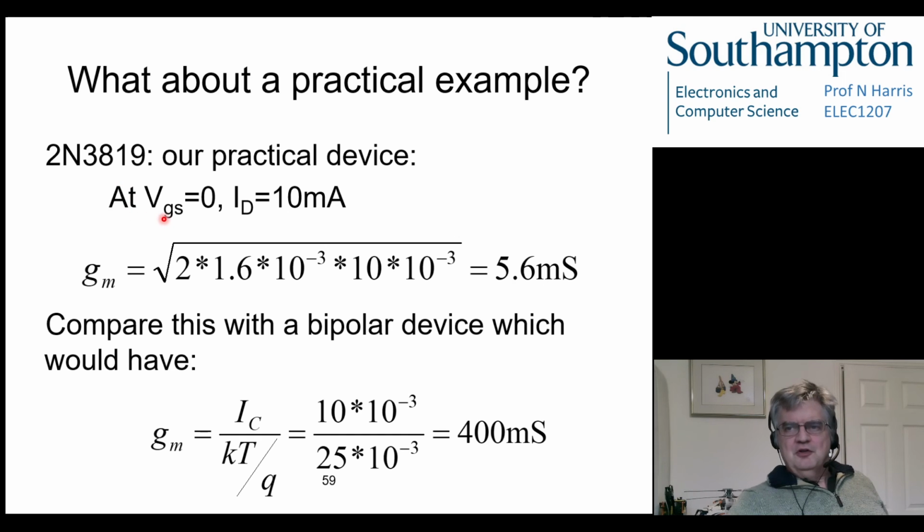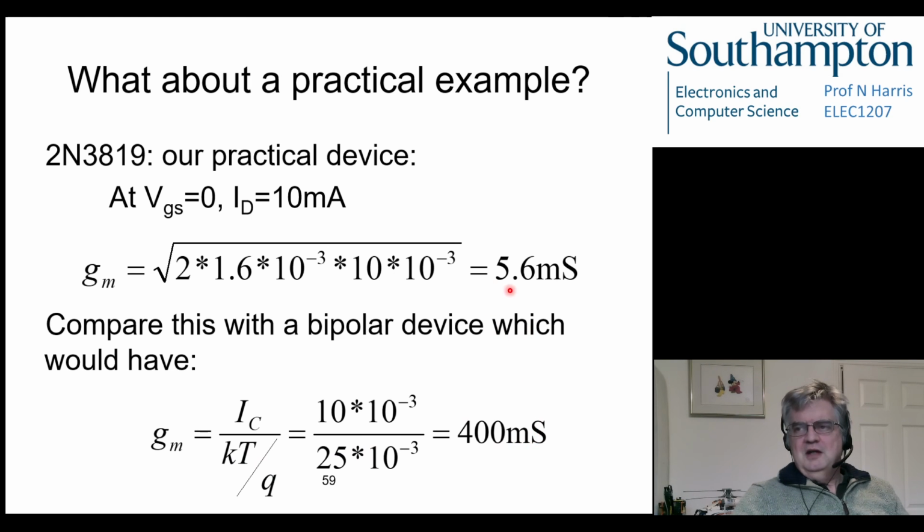If we start to put numbers in, typical numbers for our 2A3819, we can then calculate GM from the various things that we've calculated earlier, and we get a GM value of 5.6 millisiemens at 10 milliamps of current going through it. So this is the best it can be. Under the same conditions, same current flowing through it, the bipolar device would have had GM equals IC over KT over Q, which is 10 milliamps for IC, and then 25 millivolts for this constant at room temperature, and that would be 400 millisiemens.